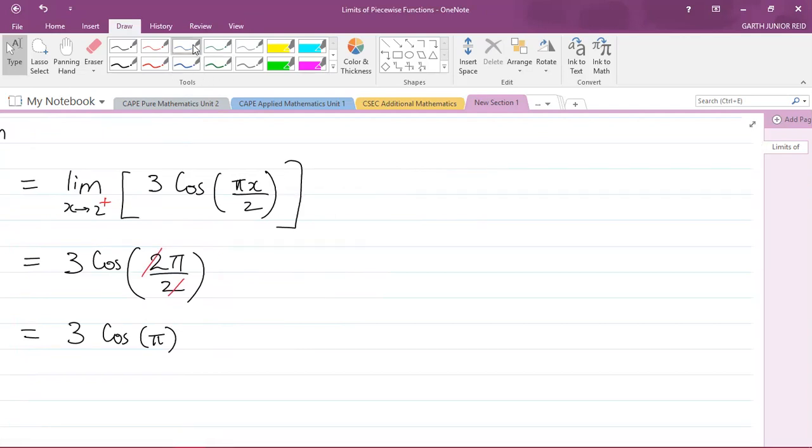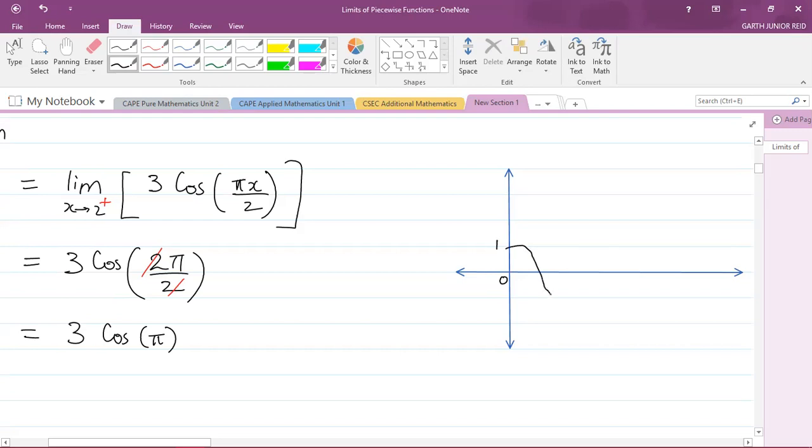Let me just do a sketch here of the cosine graph. Here is going to be 0, and I know that the graph starts at 1, so it's going to look something like this, where here is going to be -1.